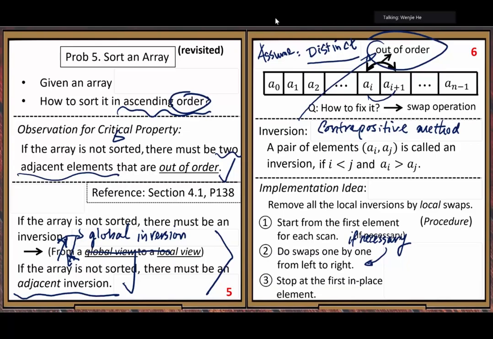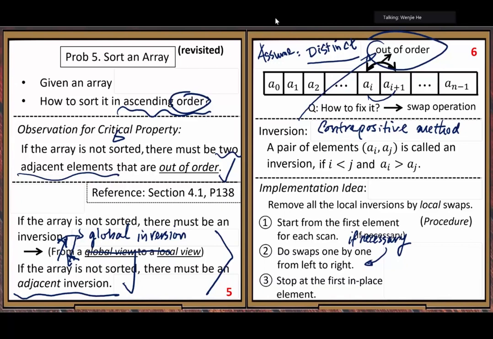All right. That's why our step 3 stops at the first in-place algorithm. Because after you do the first scan, you put the last element in place. Then you need to do a second scan, because the elements before the last one are not in order, right?